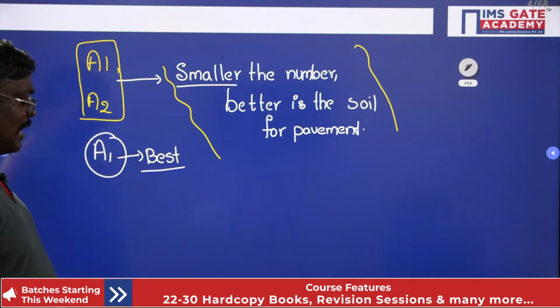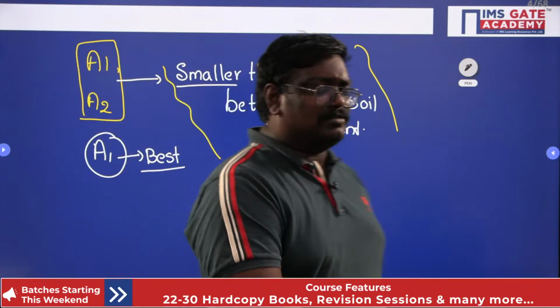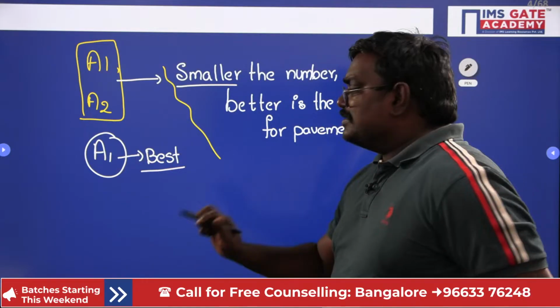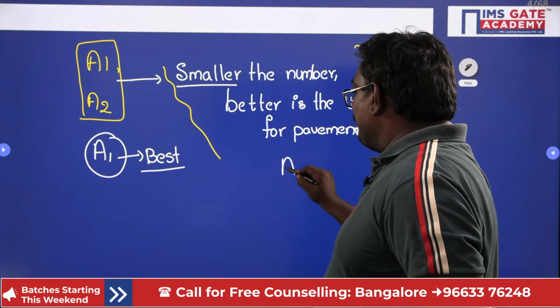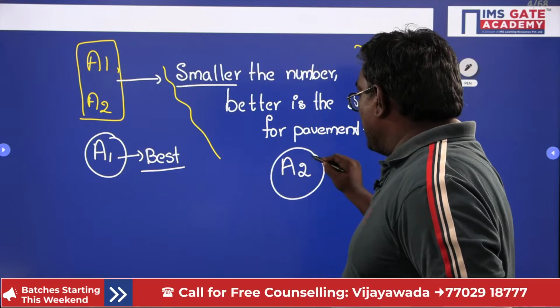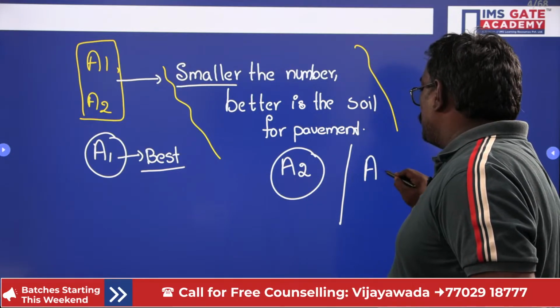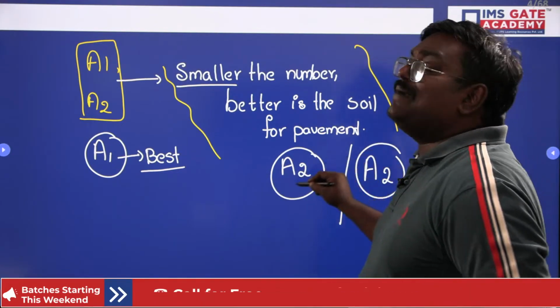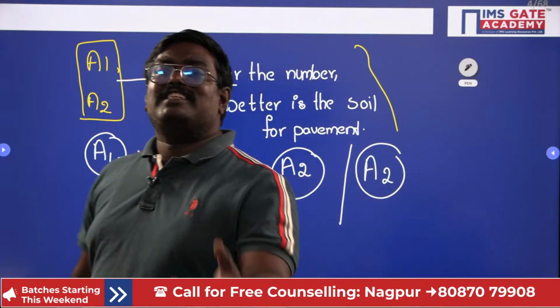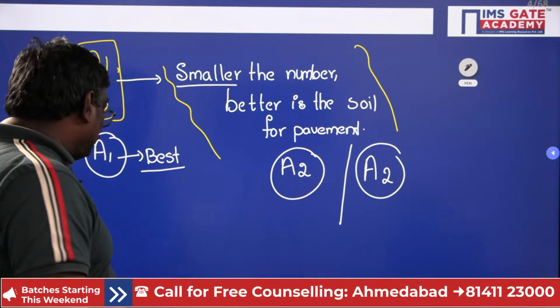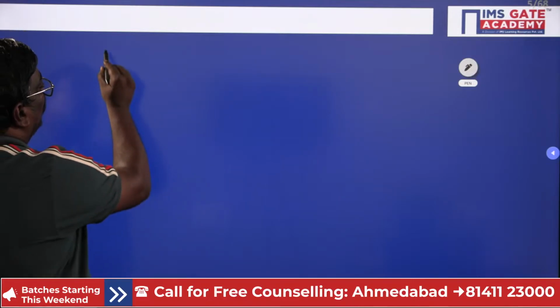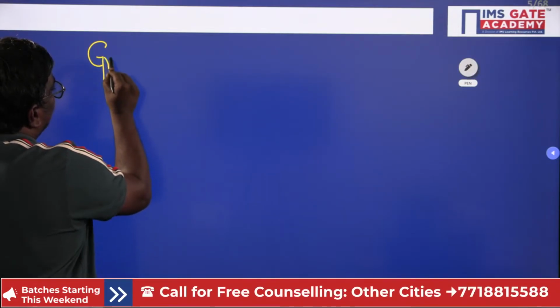Now suppose Sai Srujana asks me one doubt. Sir, if I have got A2 soil and my friend also got A2 soil, then which is the best soil? So there comes a concept called group index.